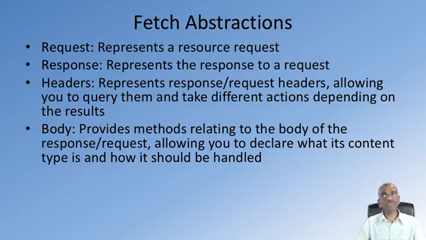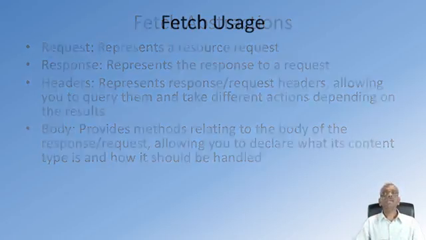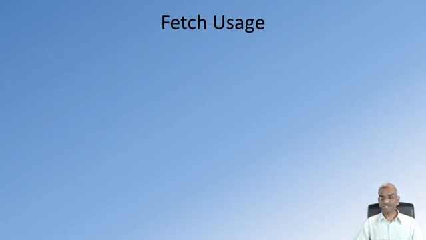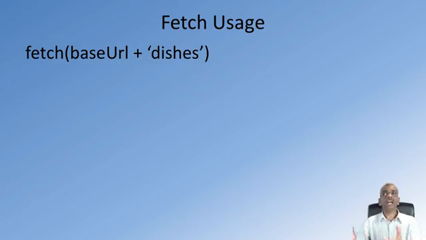Now, how do we make use of the Fetch API? A simple usage of the Fetch API is within your JavaScript code, you simply say fetch and then supply the URL of the server that you want to access. In this case, I am representing the URL as a base URL plus an extra part of the URL.